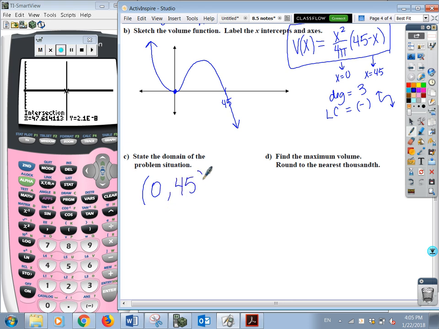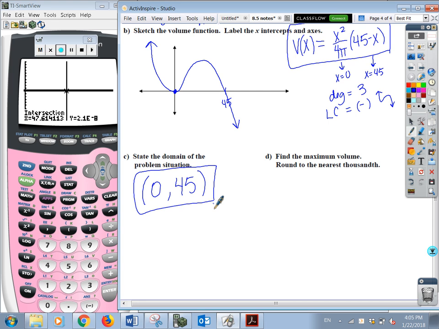It can't be 45, because if it's 45, then the cylinder does not exist. Therefore we use parentheses, not brackets. Brackets mean the 0 and 45 are included. We cannot include them because if we include them, the cylinder does not exist. Because one of the x values is 0, and we can't have that.